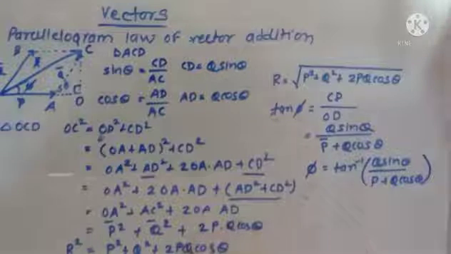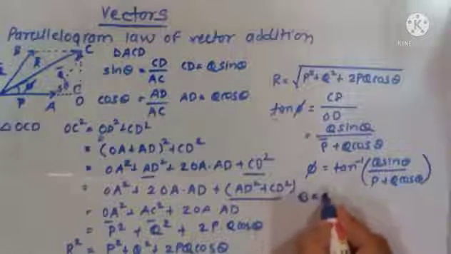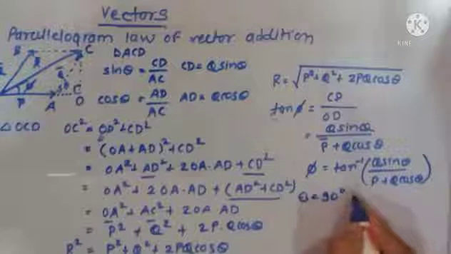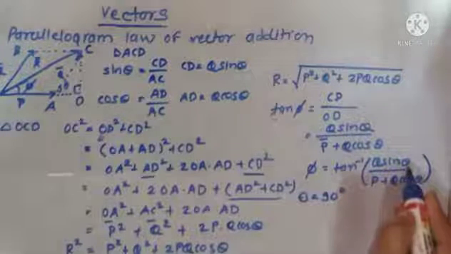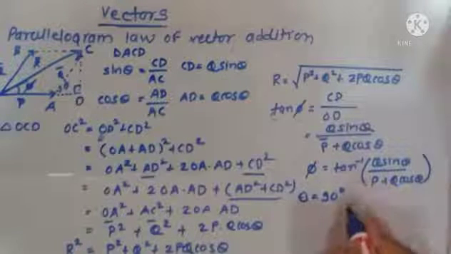Now we can see that if theta is equal to 90 degrees, we know that sine 90 is equal to 1 and cos 90 is equal to 0.